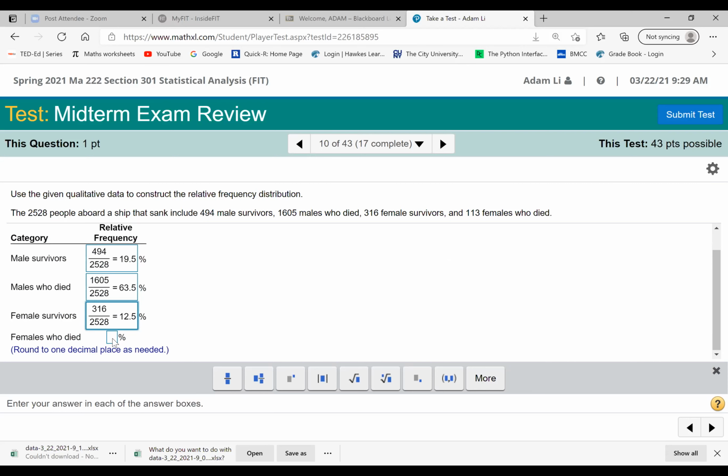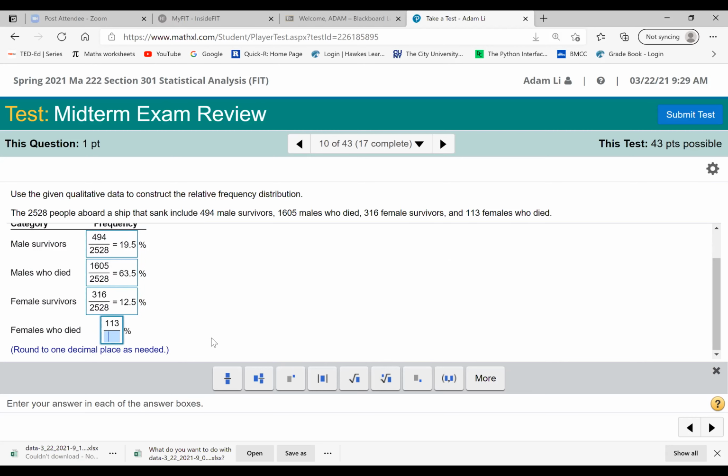And then the very last category is the females who died. So it'll be 113 divided by 2528. And let's see what that is. 113 by 2528. And this turned out to be 4.5%, rounded to one decimal place.